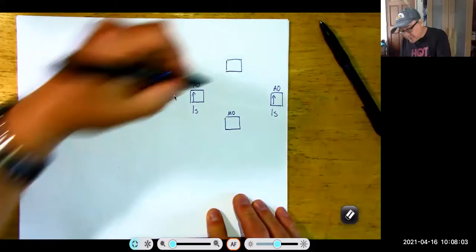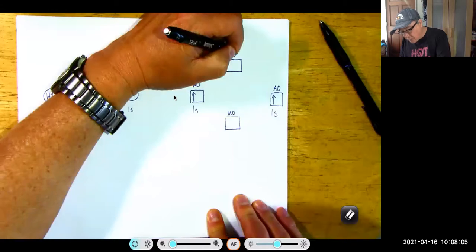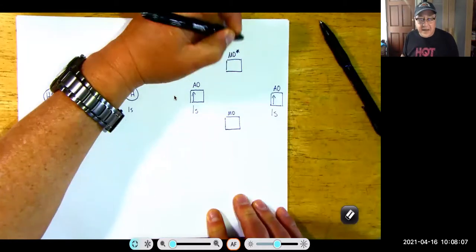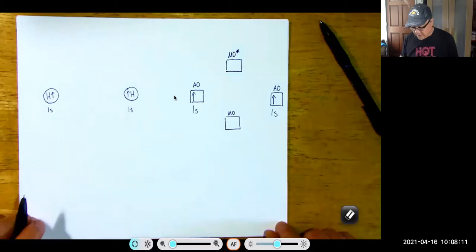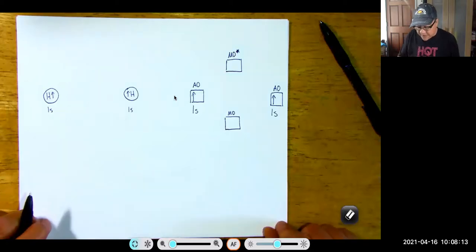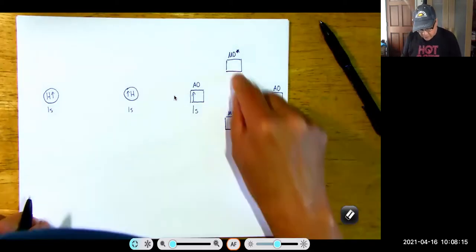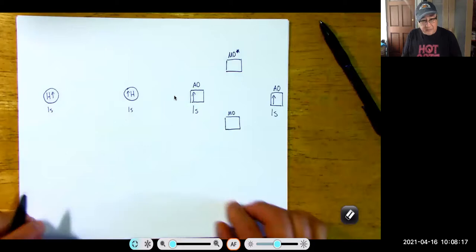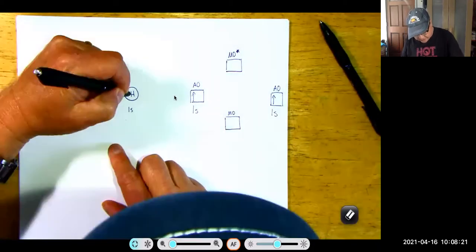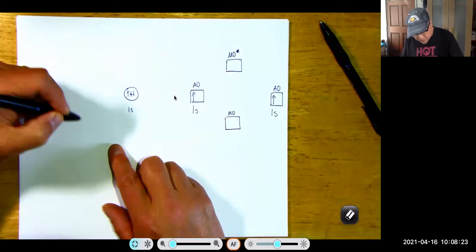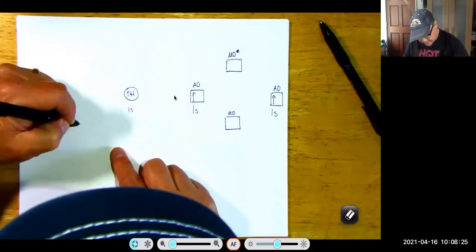And this one is going to be MO star, and the star stands for anti-bonding. So this is a bonding MO and this is an anti-bonding MO. Now, what do they look like? Here, I'm going to draw the two nuclei. This is what your bonding MO looks like.